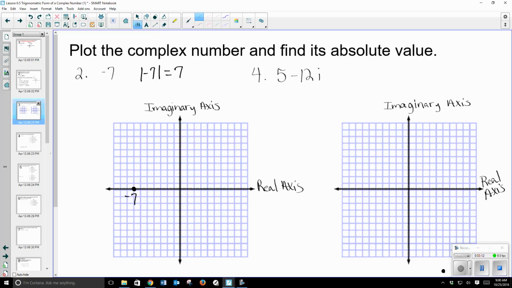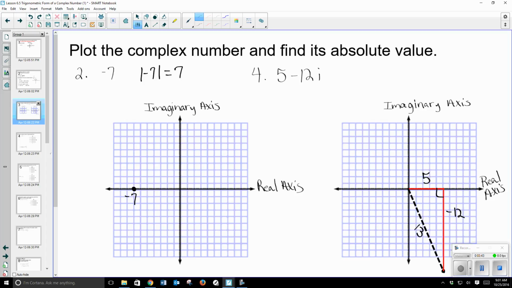The distance, the absolute value, would be from the origin to that point. Just to give you a visual, we went out 5 and down 12. If you remember your triples, you can find the distance very easily. This would be 5, 12, 13.